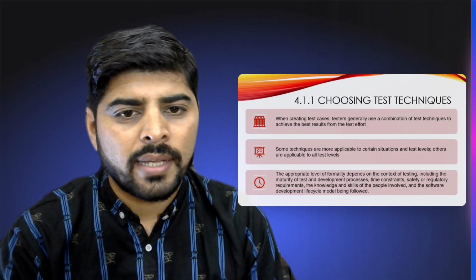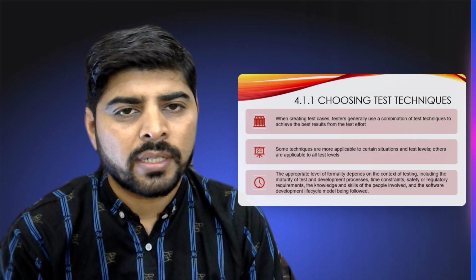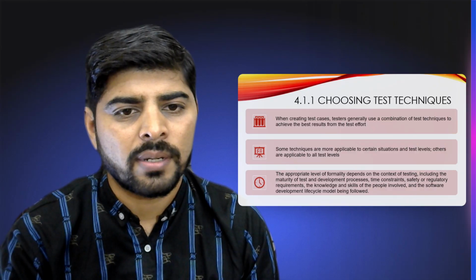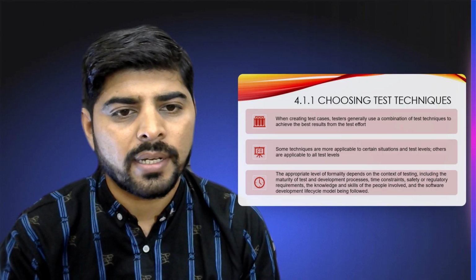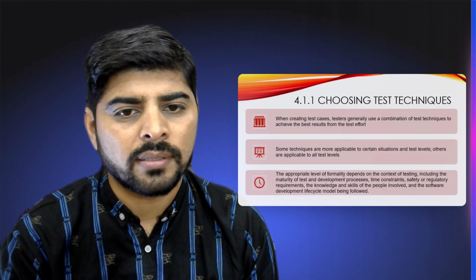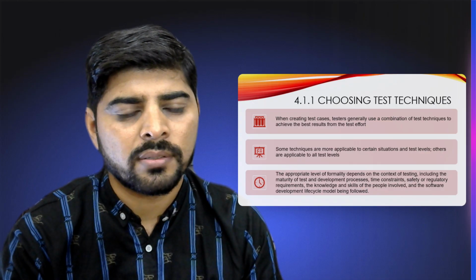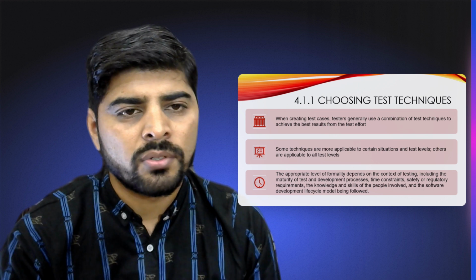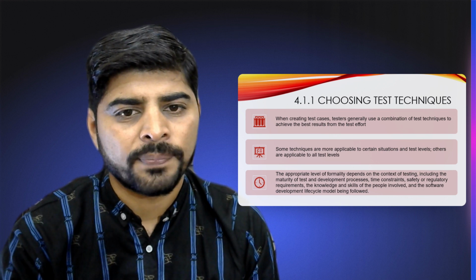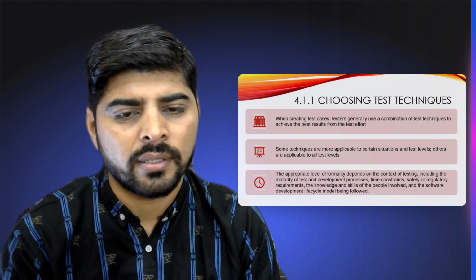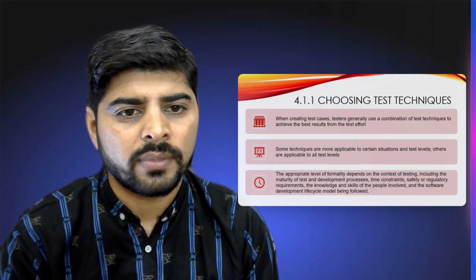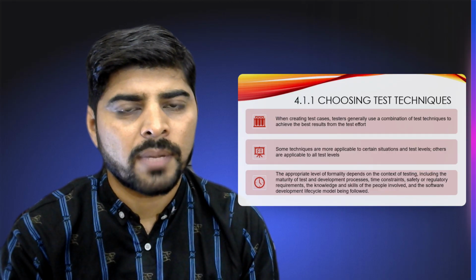The appropriate level of formality depends upon the context of testing, including the maturity of the test development process, time constraints, and safety and regulatory requirements. For example, if there are strict safety and regulatory requirements, then definitely we should do automated unit testing and start testing earlier. It also depends on the knowledge and skills of the people involved and the software development lifecycle model being followed.